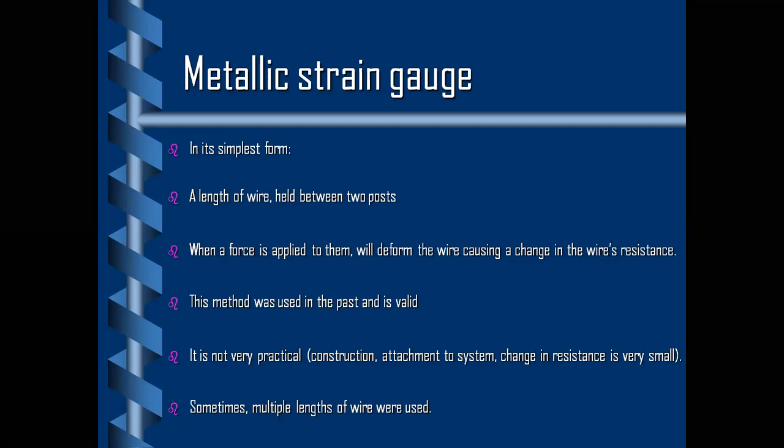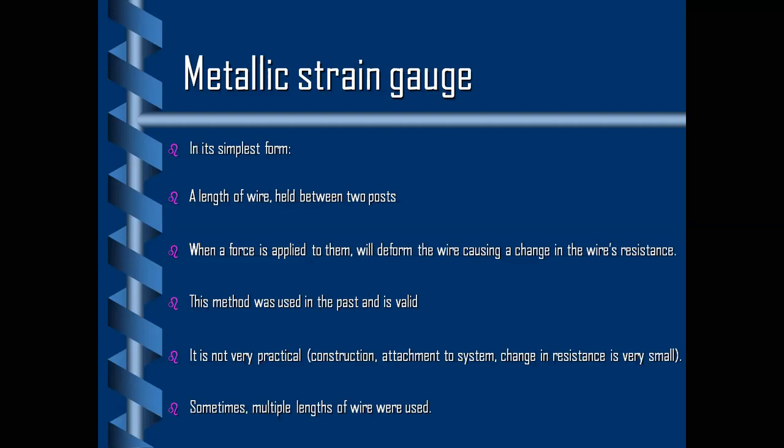This method was used in the past and is a valid one. It is an implemented method, and it has been used in applications, but it is not a very practical one. Construction, then attachment to the system, and change in resistance is very small.